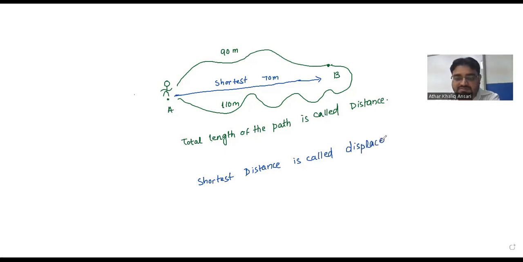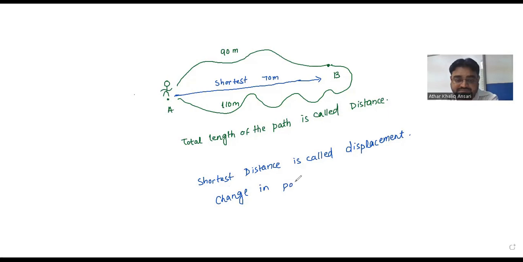Displacement can also be defined in another way: it is a change in position with respect to some reference point, called the original position or reference position.